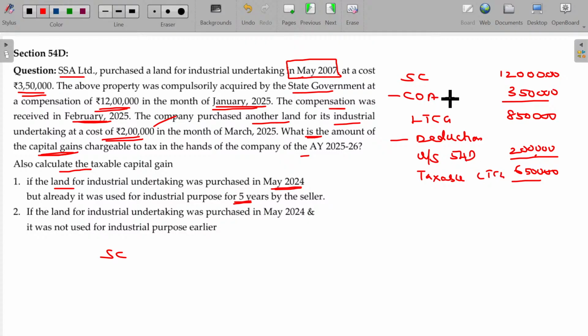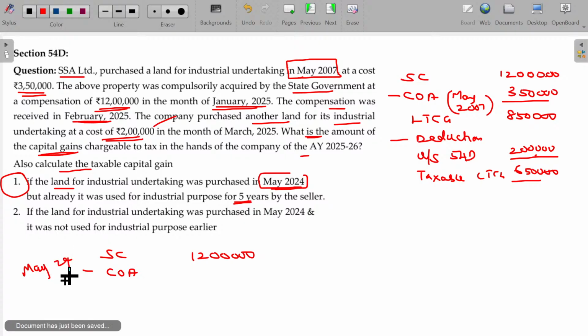Here the cost of acquisition was made in May 2007. Sale consideration being 12 lakhs minus cost of acquisition. Assume that the date of acquisition in option 1 being May 24. So from May 24 to the date of compulsory acquisition, it is less than 2 years.